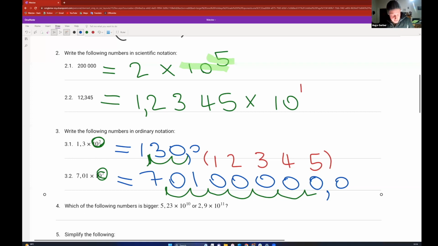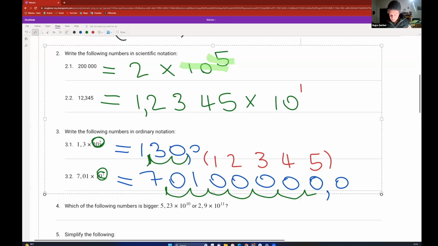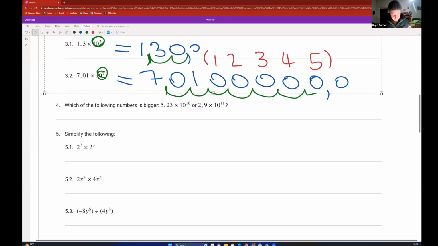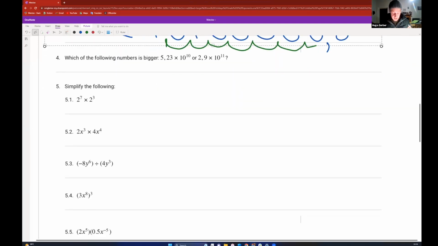All right, let's carry on. I'm scrolling down. Which of the following numbers is bigger? I'm going to give you a second to have a look at that. And also, please look at question number 5, simplify the following, and question number 4, which of these numbers are bigger? I'm going to give you 5 minutes, guys. Please have a look at that for me.